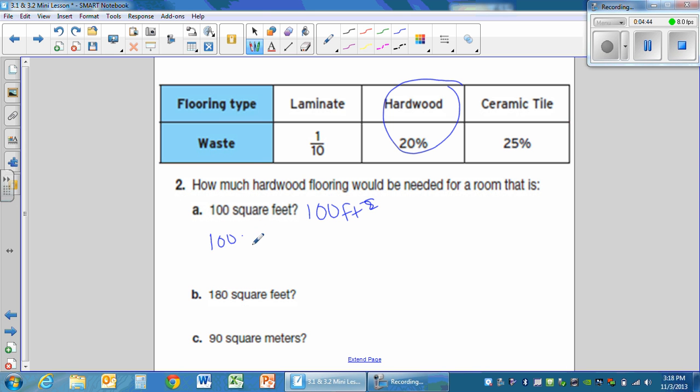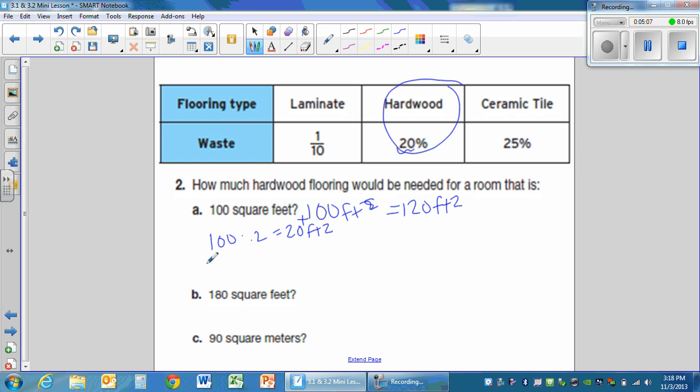I'm going to start by showing you changing it to a decimal. Move the decimal place to the left twice. We have 0.2. When you take 100 times 0.2, you get 20. And then again, we need to add these answers together. 100 plus 20 equals 120 feet squared.